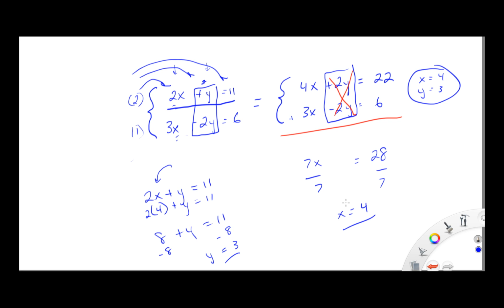All right, let's do elimination on question number, all right, we'll do 6. Okay, number 6 in your lesson, problem set 15. Here's the problem. 3x plus 4y equals 20.